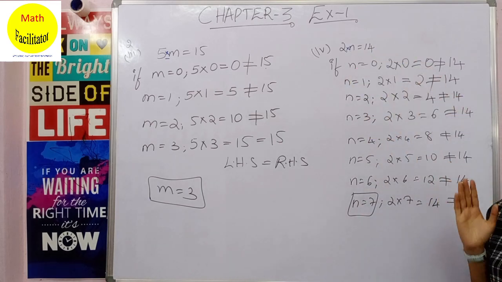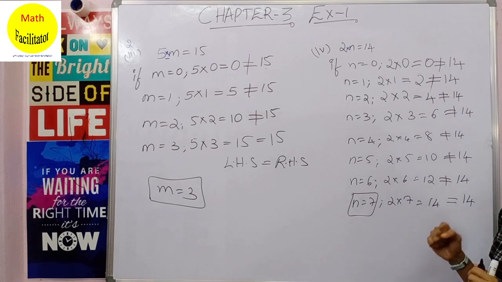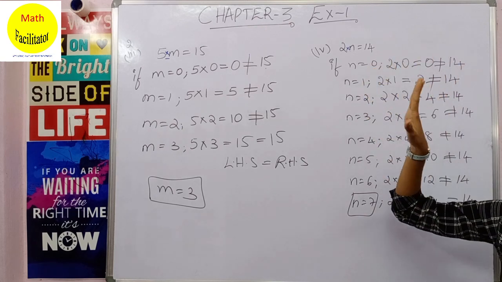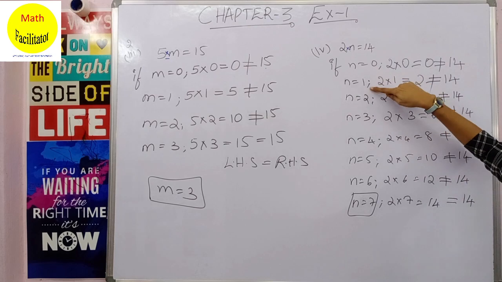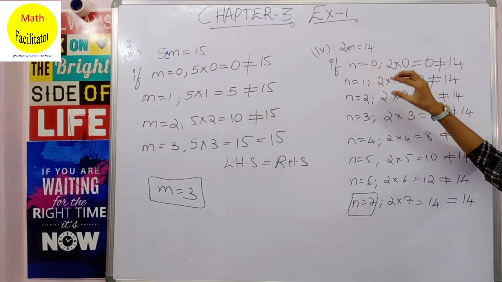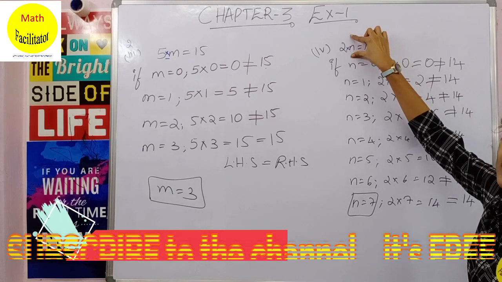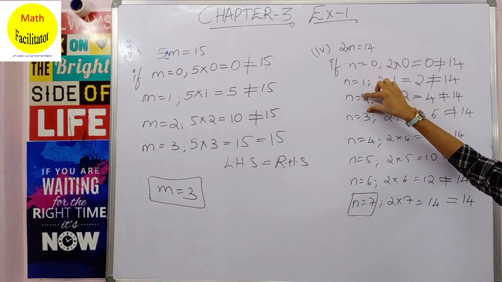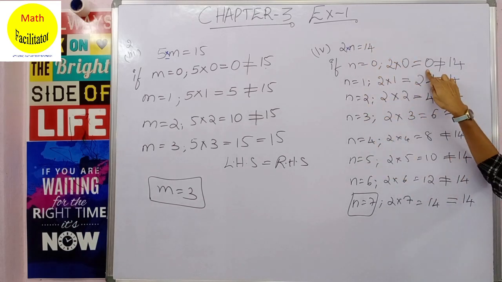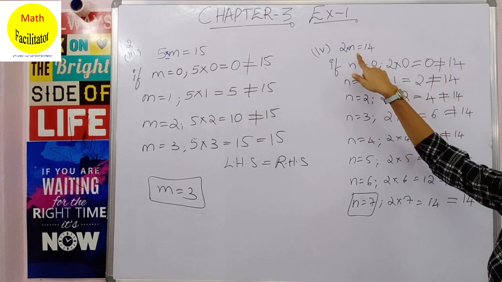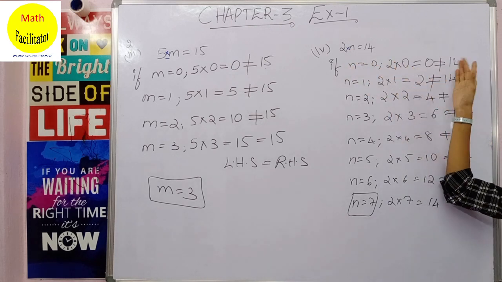So what are we doing here exactly? You are starting the value from 0 and proceeding 0, 1, 2, 3. You are just substituting the values here. You are trying to fit the correct value here. You see that these values are not fitting correctly because the LHS value which you get after substituting is not equal to RHS.